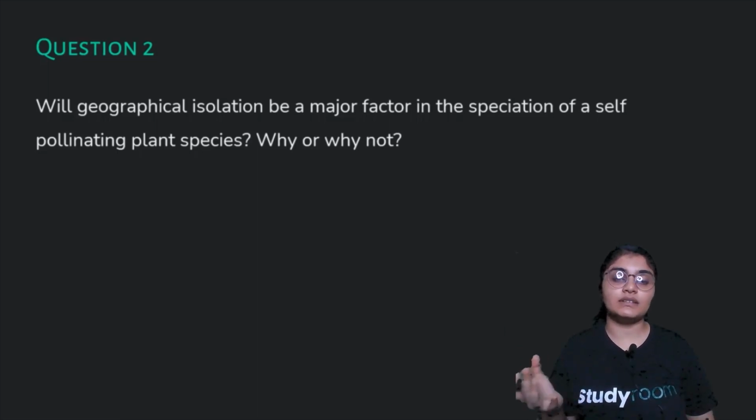So the plant is self-dependent. It can produce its own offspring because it is a self-pollinating plant, right? So that is why geographical isolation cannot be a factor.